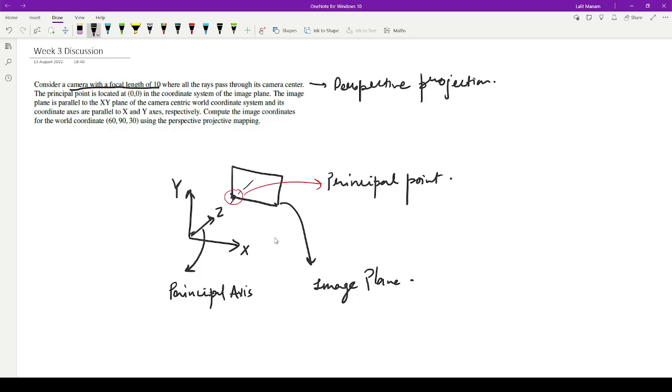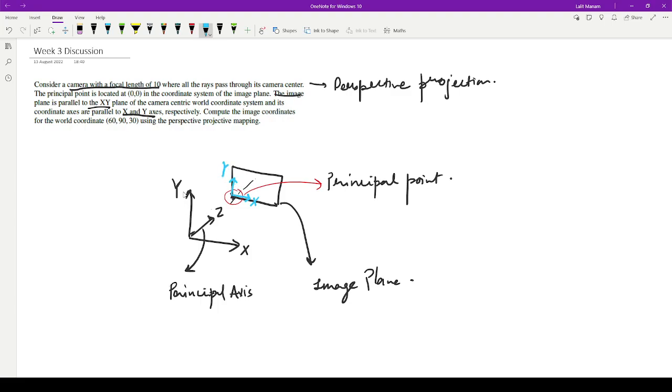It's also given that the image plane is parallel to the xy plane. That means it's in the canonical way, and the xy axes of the image and the 3D space are parallel, which means the image also has an x-axis in this direction and a y-axis in this direction.